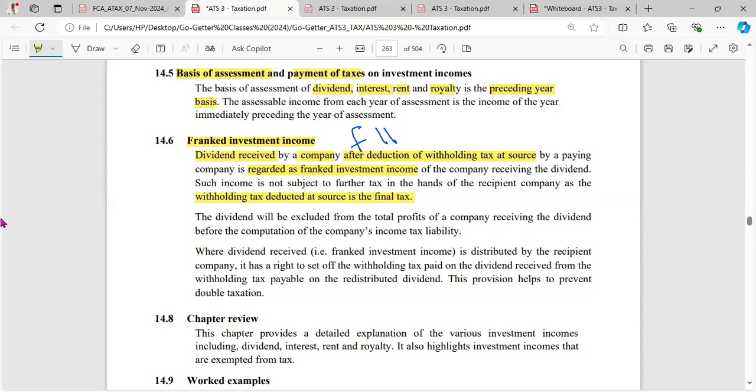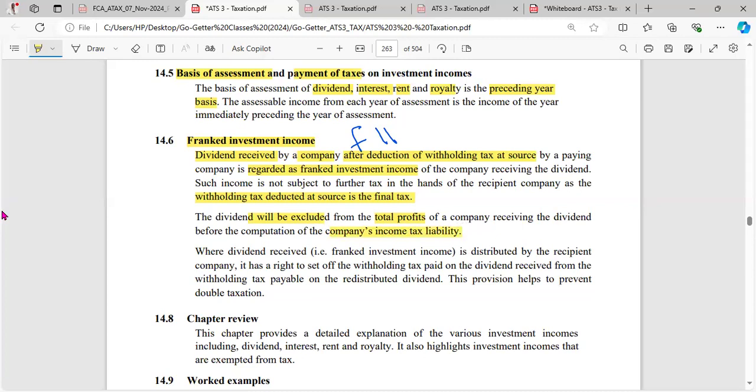So this is the final tax deducted on that income. Now, dividend income will be excluded from the total profit of a company receiving the dividends before the computation of the company's income tax liability.